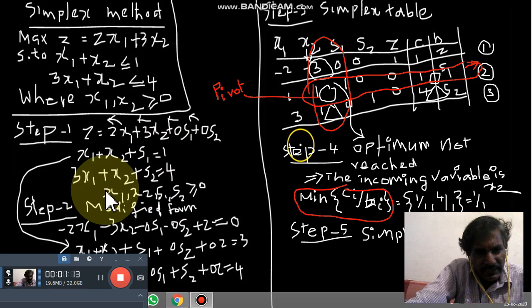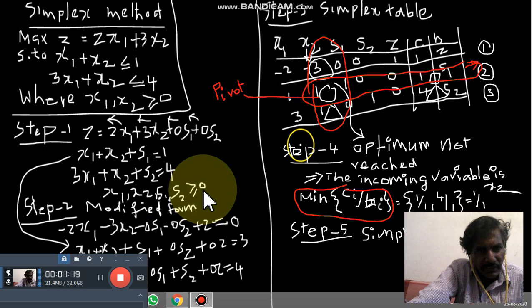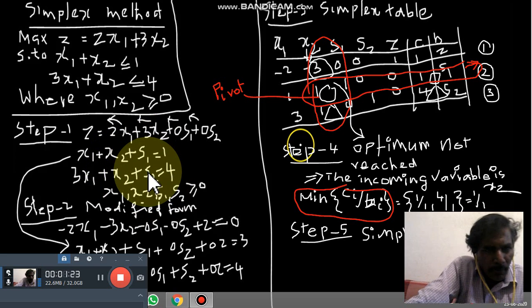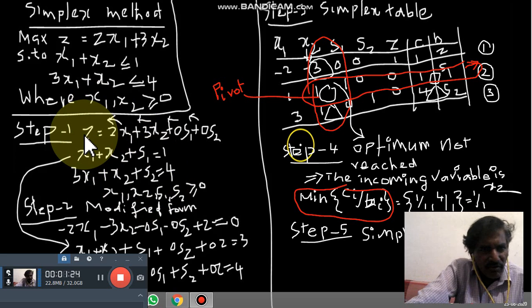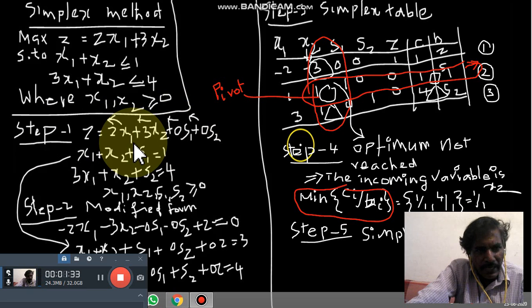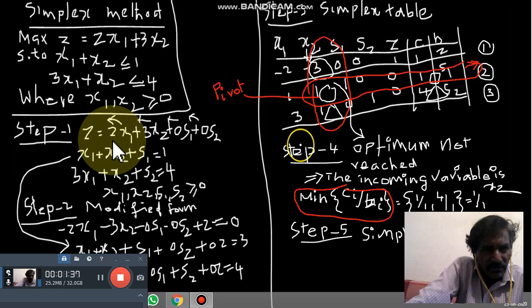Then all these variables x1, x2, s1, s2 are greater than or equal to 0. Now these two slack variables you add to the objective function with 0 coefficients, 0 into s1 plus 0 into s2. This whole process we call the standard equation.